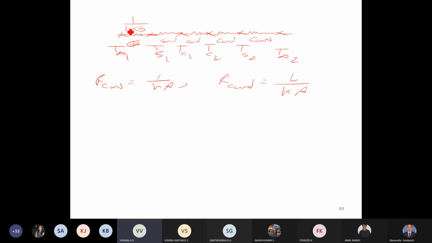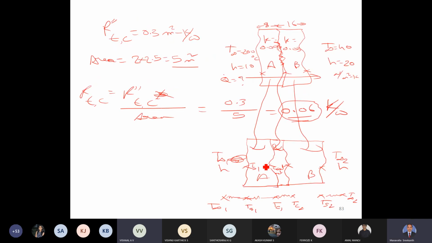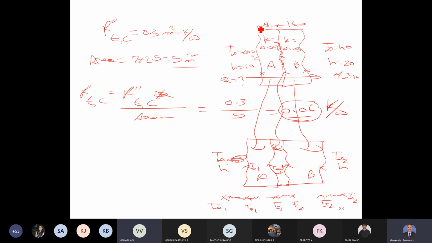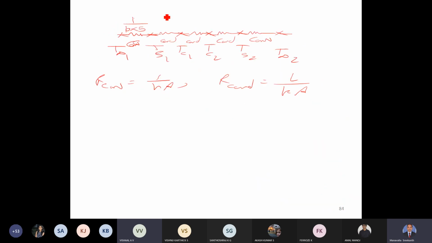The conduction resistance inside slab A will be L by KA. The thickness of the slab is 8 millimeters and K is 0.09, so 8 into 10 power minus 3 divided by 0.09 multiplied by 5.